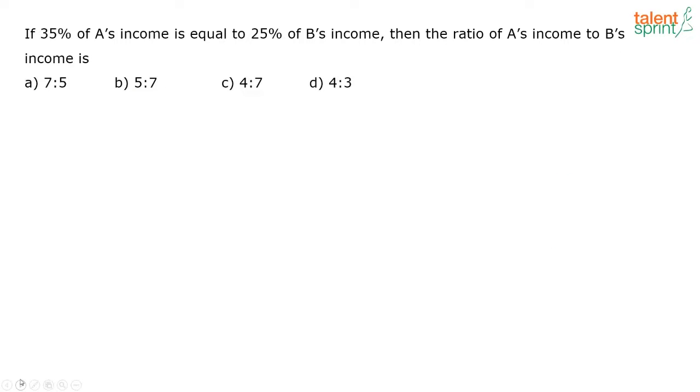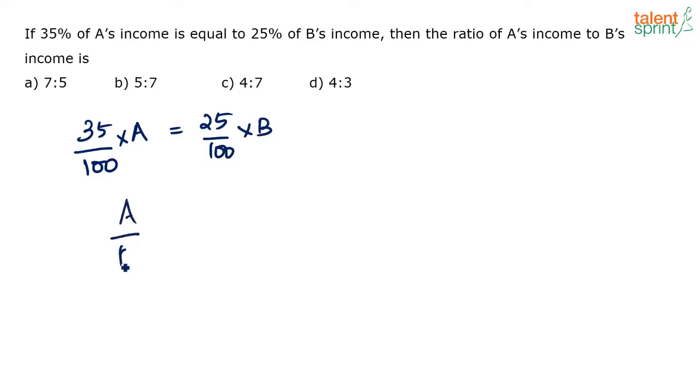Next. If 35% of A's income is equal to 25% of B's income, then the ratio of A's income to B's income is dash. Again, just write down the information given here, you will get the answer. 35% of A's income, I am assuming A's income is A, so 35 by 100 of A is equal to 25 by 100 of B. What are they asking?